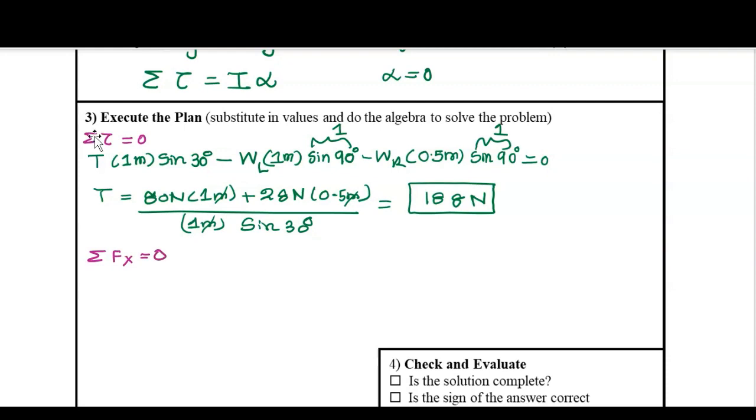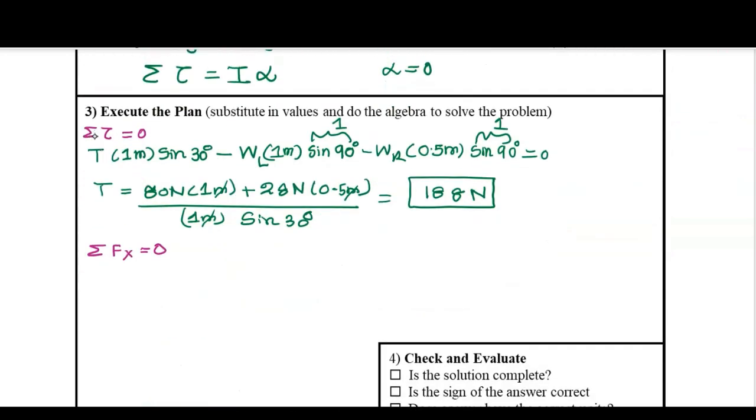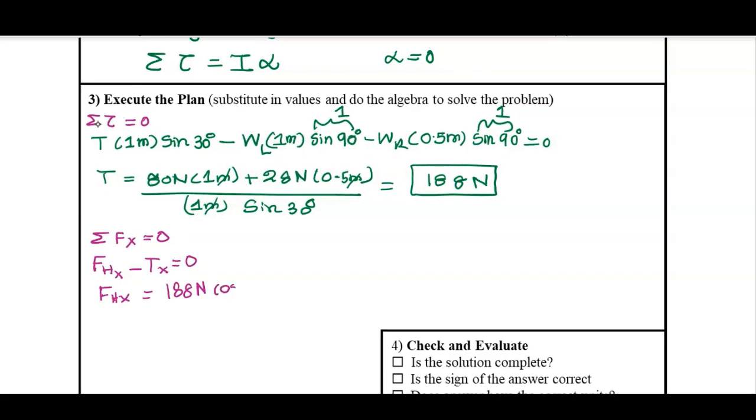And let's use Newton's second law in x direction. We have just two forces acting along the x direction. Do not forget the x component of the tension force. It's acting to the left. T cosine 30. And hinge force is acting to the right, because there should be one force to balance this x component of the tension force.